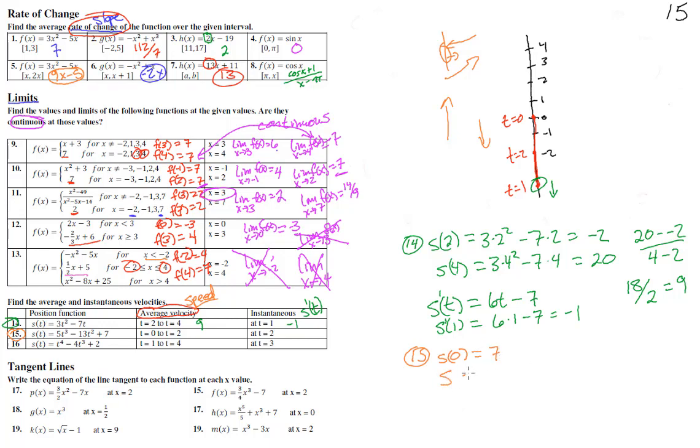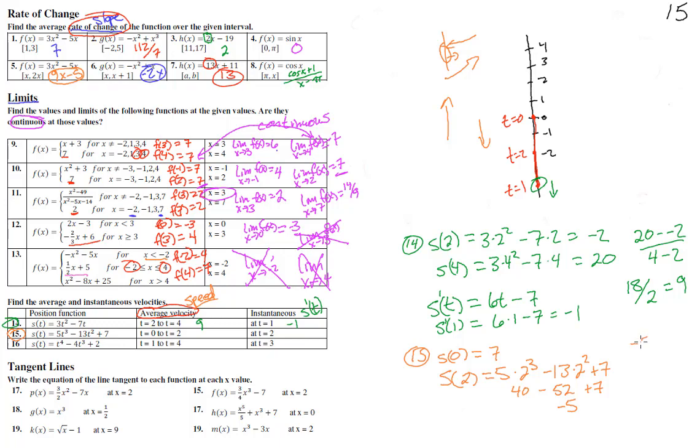And s of 2 is going to equal 5 times 2 cubed minus 13 times 2 squared plus 7. 5 times 8 is 40 minus 13 times 4. 13 times 4 is 52 plus 7. 40 minus 52 is negative 12 plus 7 is a negative 5. So in these 2 seconds, he went from the point 7 way up here down to the point negative 5.